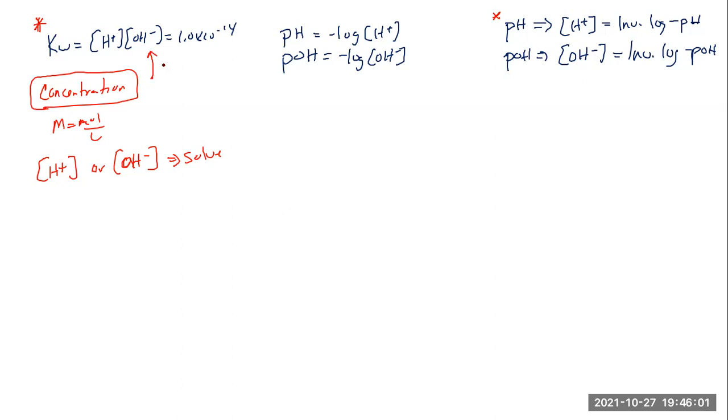If you happen to have the pH or POH, you might want to go with one of these two as a way to get to the H plus or OH minus concentration. Again, if we're using KW, we would have H plus equal to 1 times 10 to the minus 14 divided by, just to say the concentration of the OH minus was 3.2 times 10 to the minus 8.